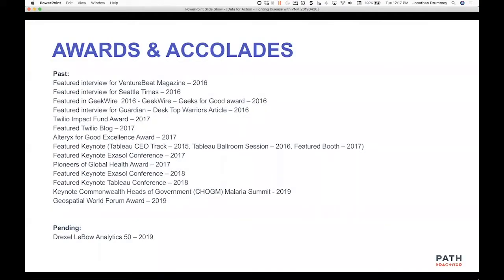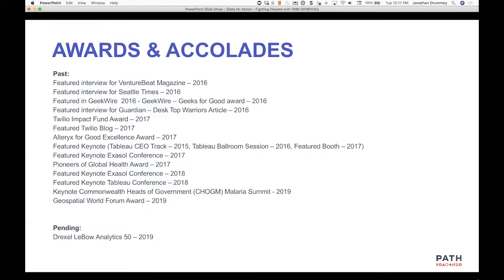And along the way, the Visualize No Malaria piece being this novel use of commercial software in the public health space, we've gotten a lot of great press and various awards along the way. So there's a nice little list there.